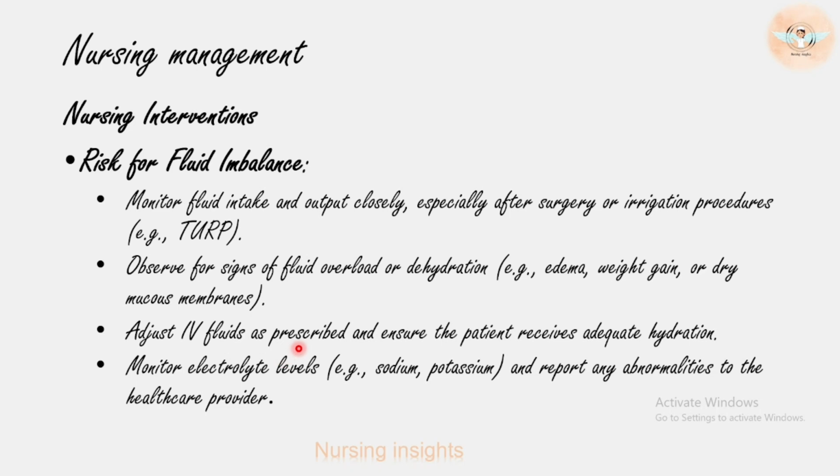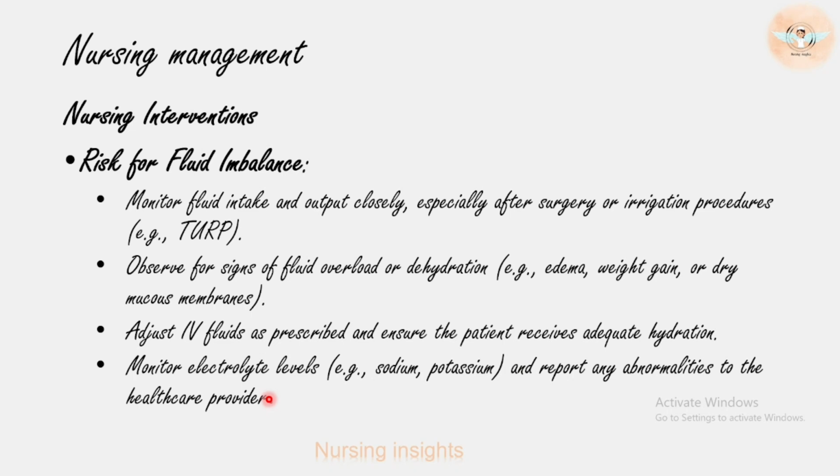Adjust IV fluid as prescribed to ensure the patient receives adequate hydration, and monitor the electrolyte levels. In the postoperative period, we have to monitor sodium and potassium, and report any abnormality to the healthcare provider.